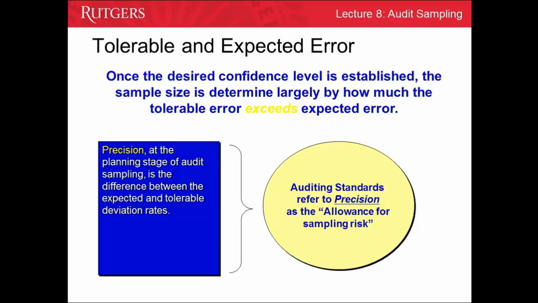Now we have to always remember that in order to successfully apply audit sampling to gather audit evidence, auditors must be able to tolerate some deviations or misstatement to provide an allowance for sampling risk. The only way to completely remove this risk is to test all the items in the population.